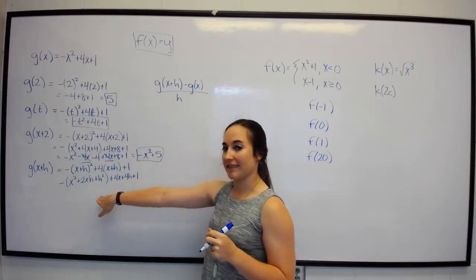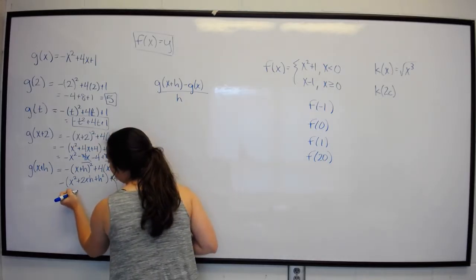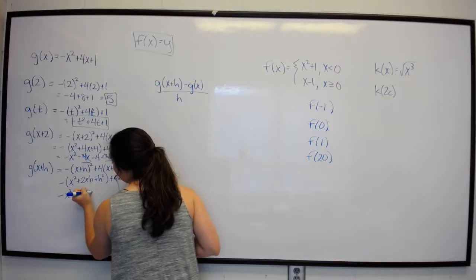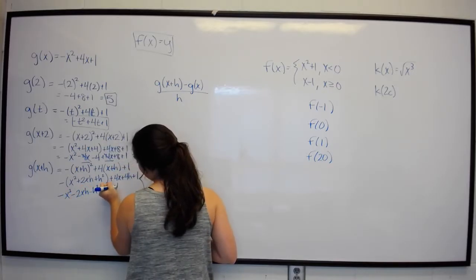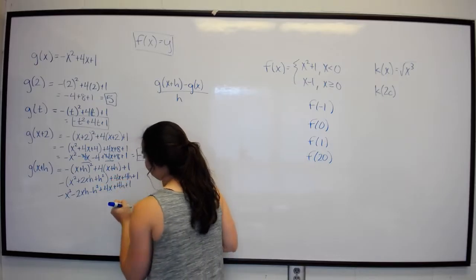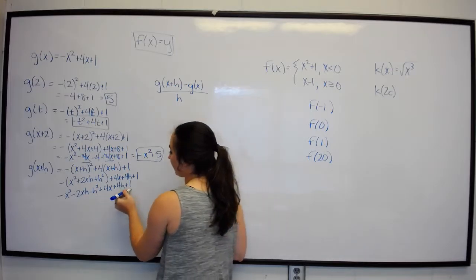We have to distribute this negative here. So we have negative x squared minus 2xh minus h squared plus 4x plus 4h plus 1. And none of those are like terms, so that is our final answer.